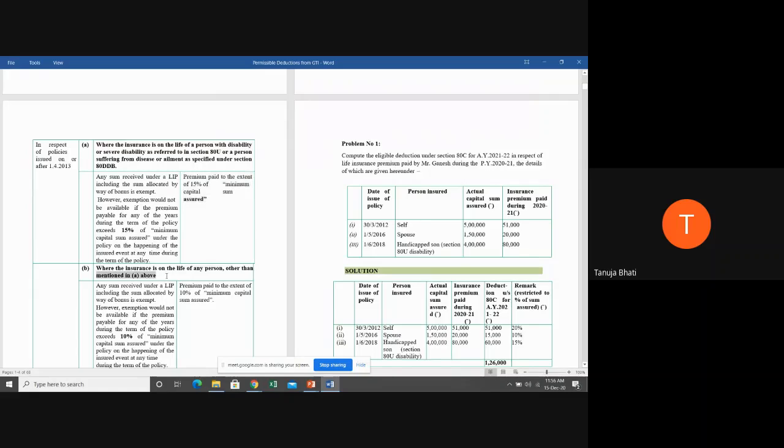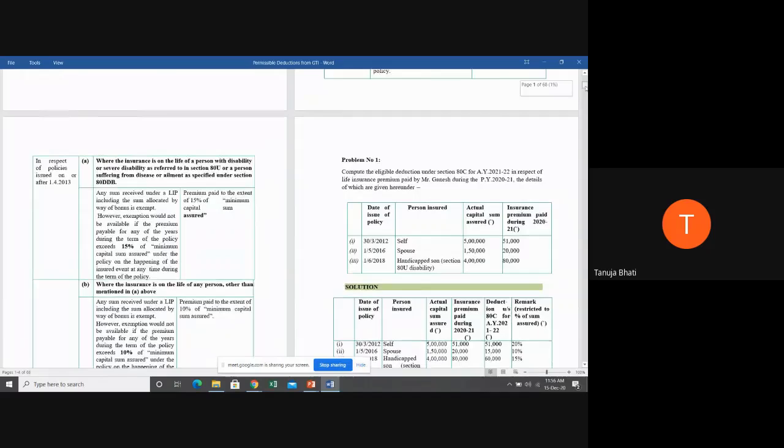And where the insurance is on the life of any person other than mentioned above, suppose the policy is issued after 2013 and it is just a normal life policy, and the person is not suffering from severe disability or disability, then premium paid to the extent of 10% of capital sum assured will be the deduction available.